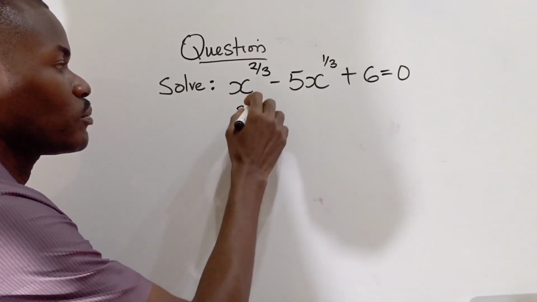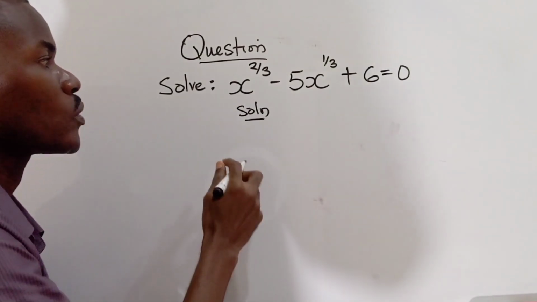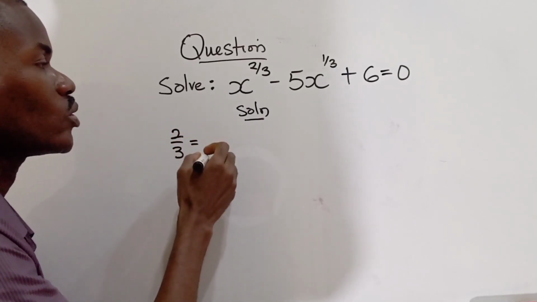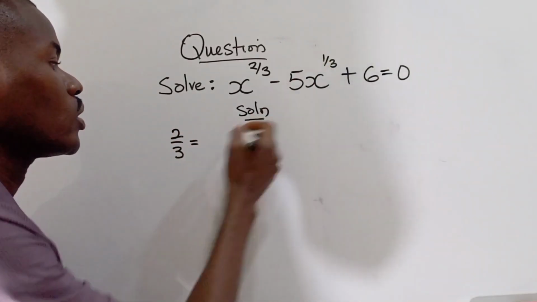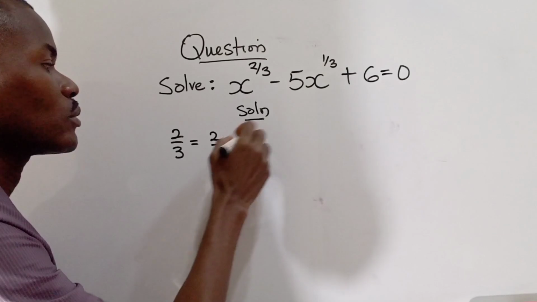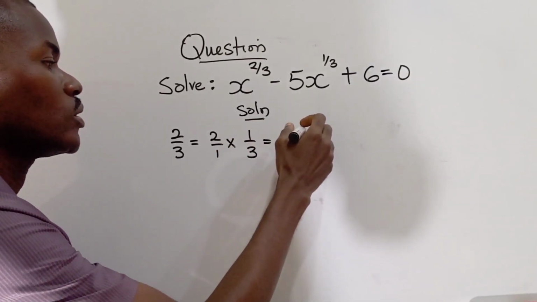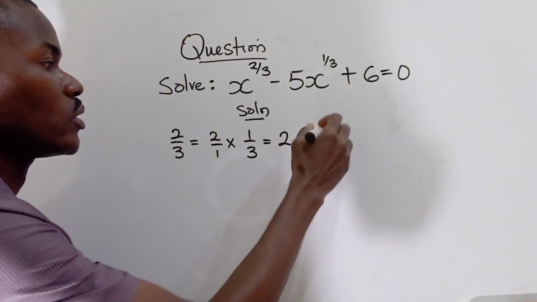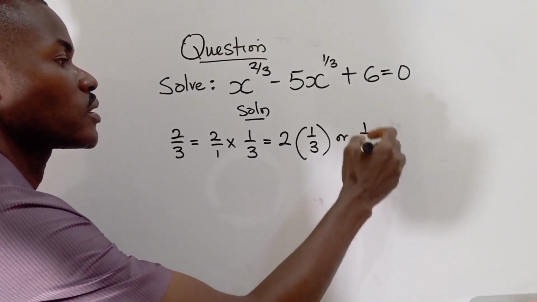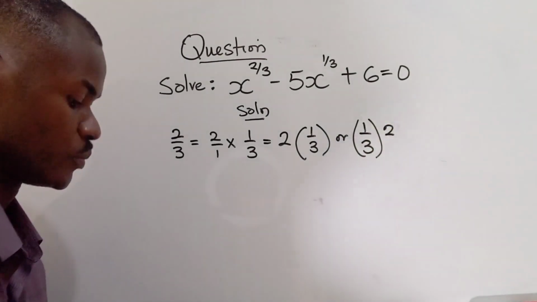To solve this problem, the first thing I want to recognize is that 2 over 3 we can also write in terms of 1 third. That means we can say 2 over 1 times 1 third, which we can write as 2 in bracket 1 third, or we can write 1 third first and in bracket multiply by 2.